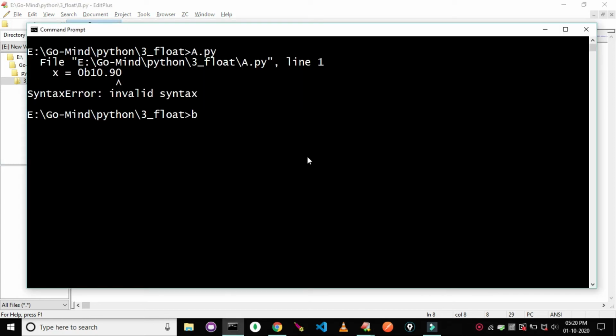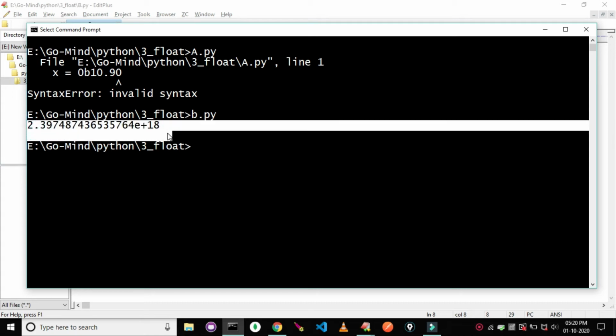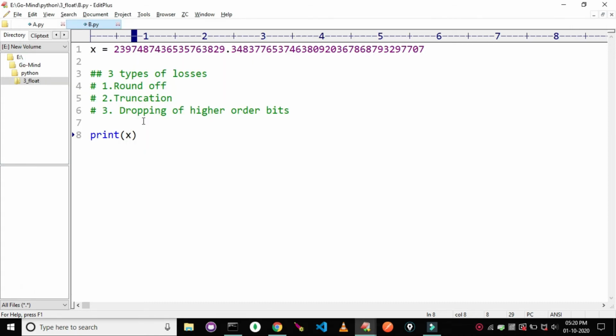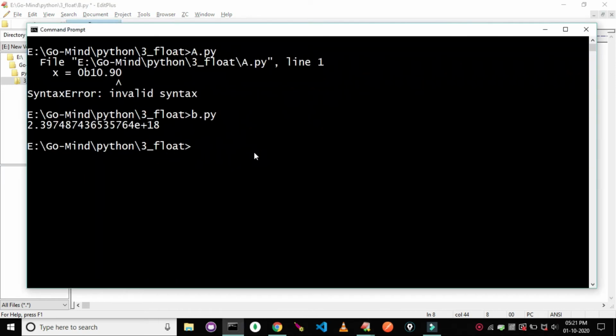So let's see. This is converted into scientific notation. e plus 18 means 10 to the power 18.